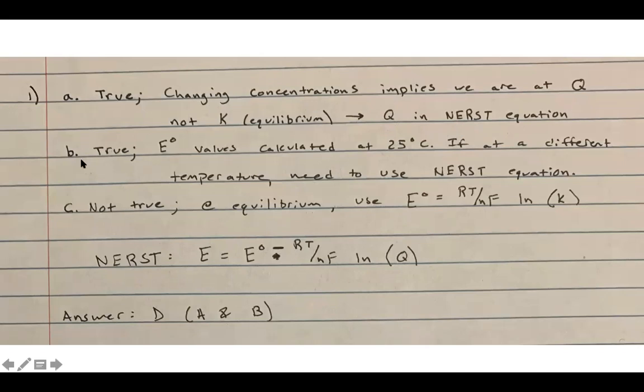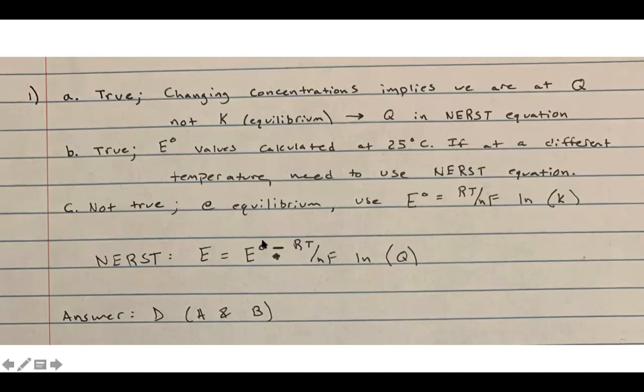B was also said to be true, at temperatures other than 25 degrees Celsius. The reason is that 99% of the time, if not 100%, E naught, our standard cell potential, is always calculated at 25 degrees Celsius.